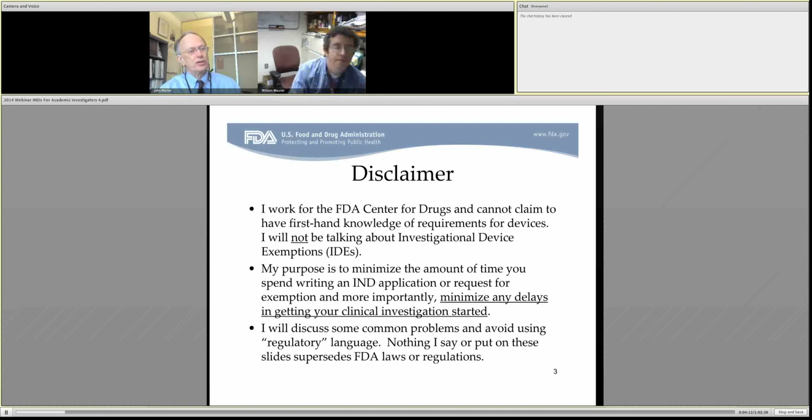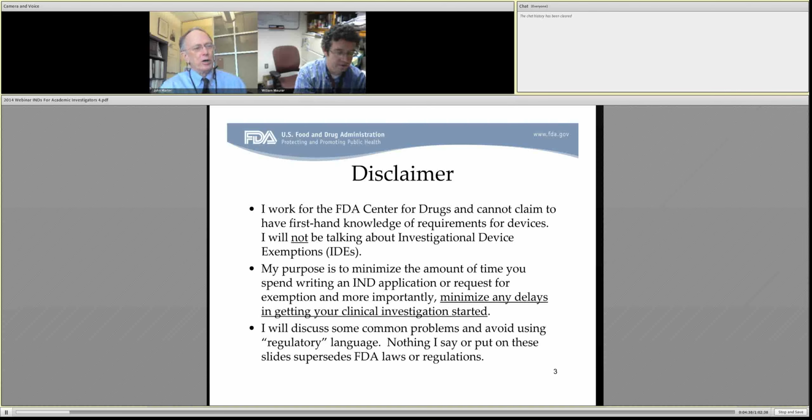So I want you to know that FDA, at least, is on board with trying to run as many of these processes that you have in the startup phase in parallel: the IRB, whatever your granting institution is requiring, whatever your department is requiring. We try to stay as much as we can out of the way.